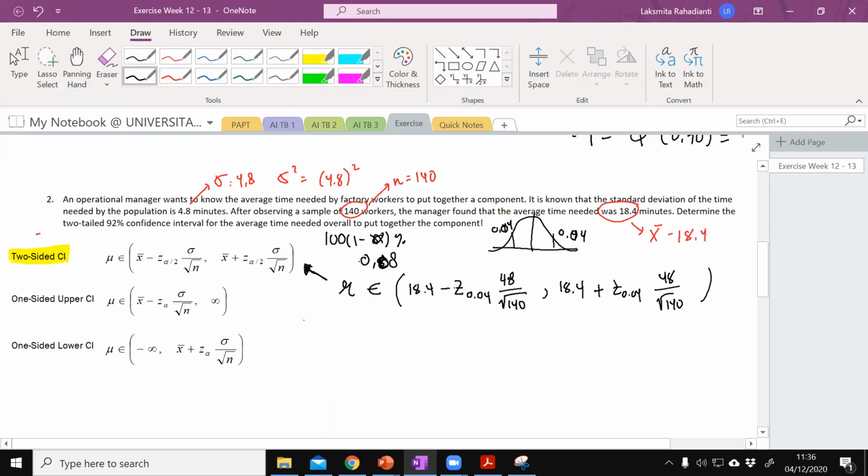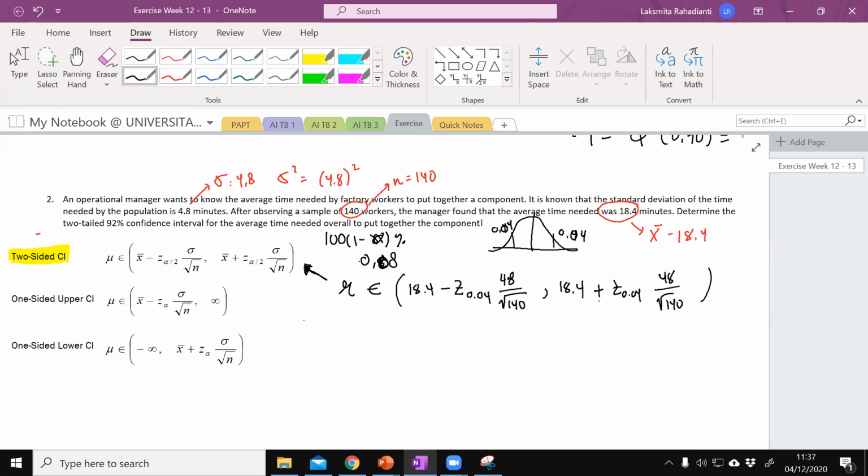So this z, the z of 0.04, as you recall, is the percentile, so it is the opposite of your lookup table. And in the case of these confidence intervals, you will usually be given the values to be used, so z 0.04 or z 0.05, whatever it is.